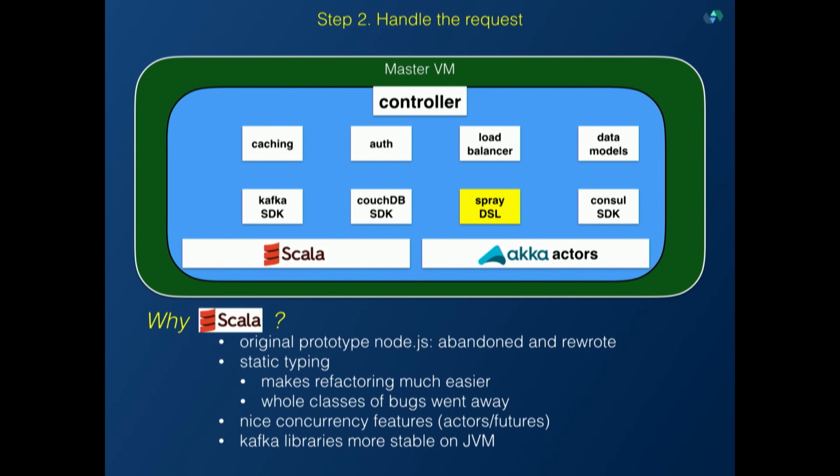I'll talk about these in a little detail as we go through. Of course, if you're familiar with Scala, there's a domain-specific language in Scala called Spray, which we use for now as the web server front end for doing the routing. We might move eventually to a new way of doing this in Scala called Akka HTTP. It's not quite ready yet.